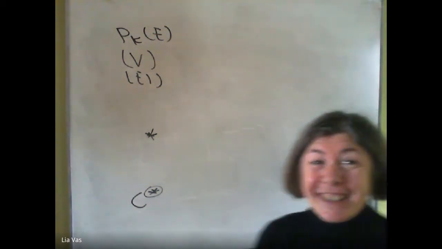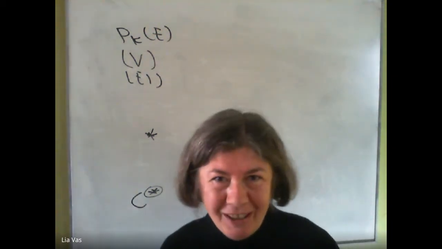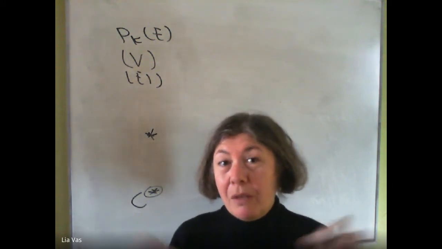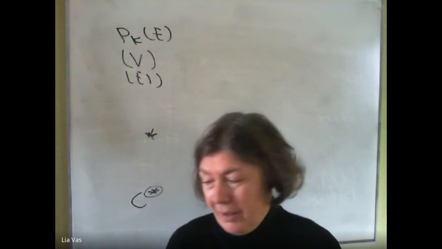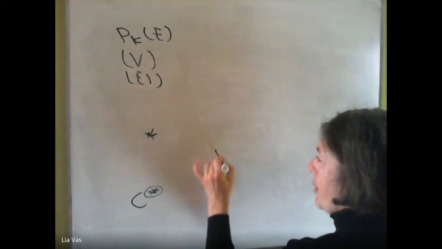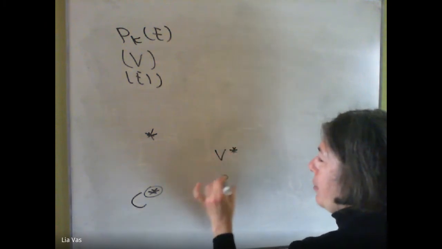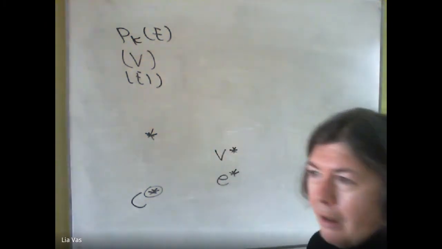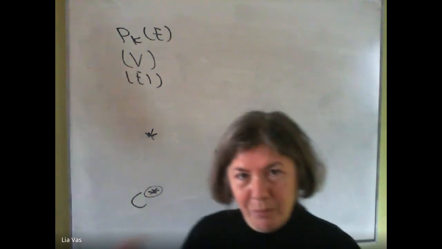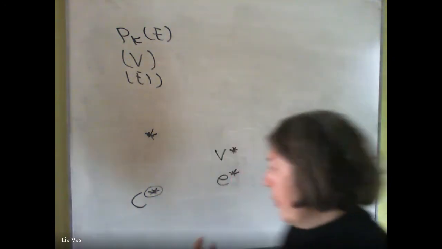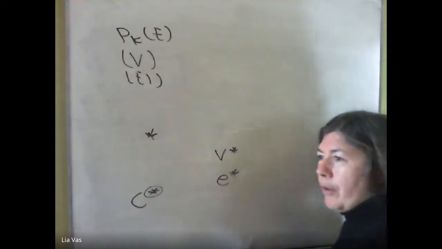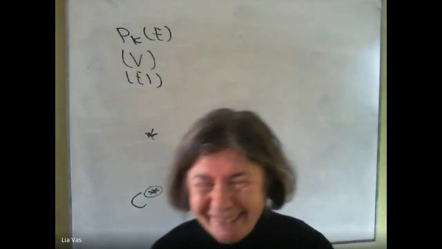The star comes from involution, and somehow you would want to be able to involute your basis elements. In other words, you want to be able to figure out what is V star and what is E star for an edge. So that's why there are more axioms, and that will all feature in one way or the other these stars.